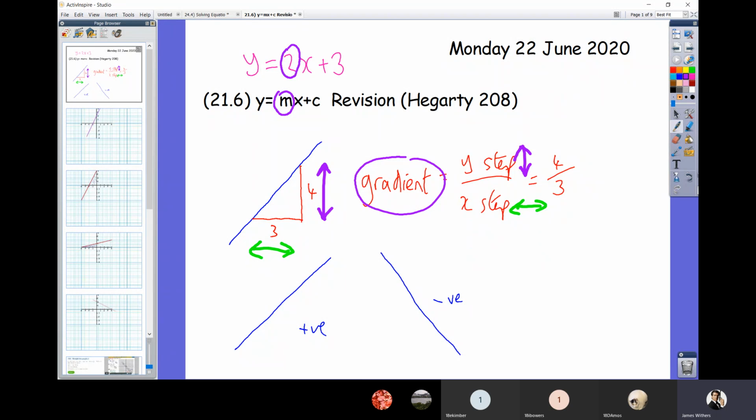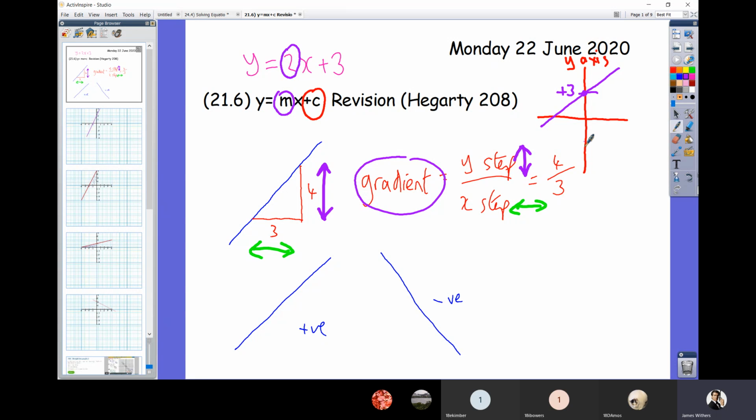Now, what is c? c is the number on the end. That is wherever the line crosses the y-axis. Now remember, the y-axis is this one going upwards. So if your line, for example, crossed at +3 here, then you would have +3 on the end.